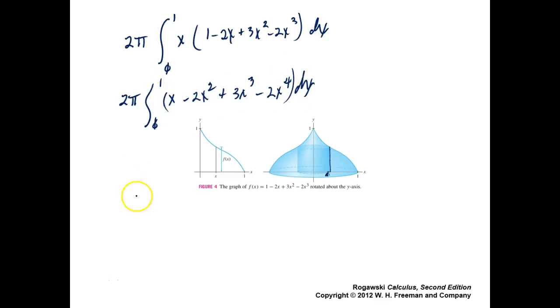All right, can you do that integration? Antiderivative. x squared over 2, minus 2/3 x cubed. Very good.